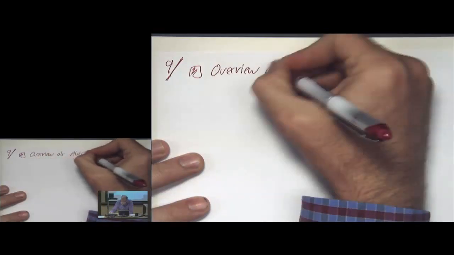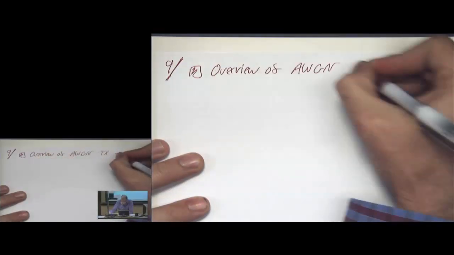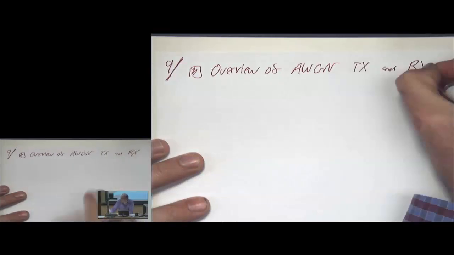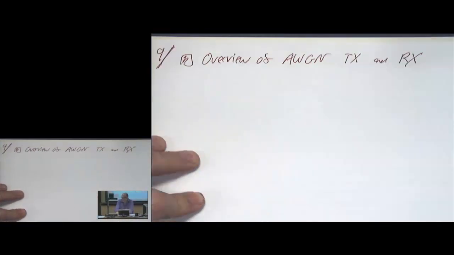So we're going to just review this AWGN transmitter and receiver. As we go through the course, we're going to add other impairments besides noise, and we're going to make the receiver in particular more complicated. So this is like the first of several steps that we're going to take.